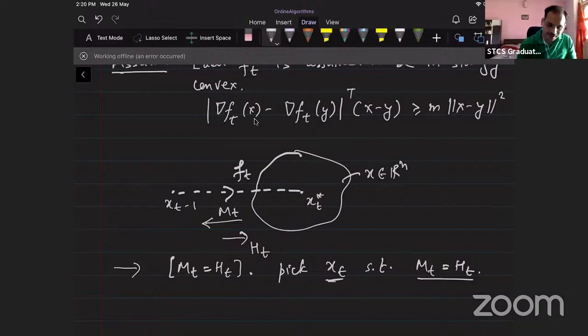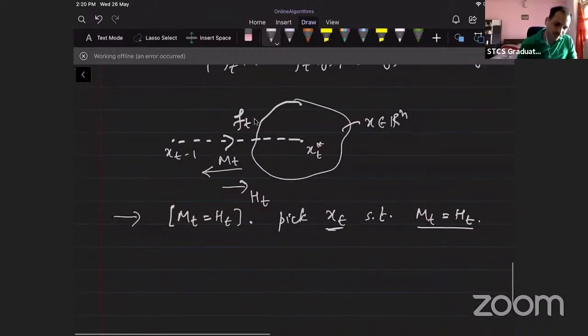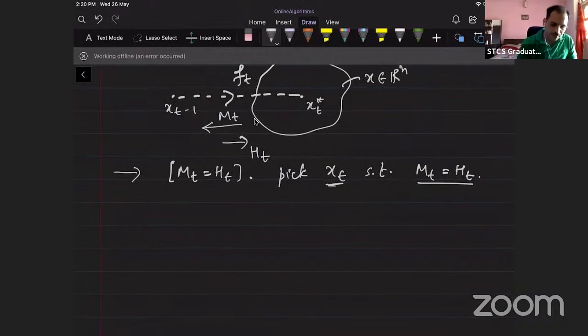I don't know how nicely one can analyze this when ft is convex, so we'll try to extract some convexity properties of ft and do something very similar. Ballpark, this is what we want to do. We're not going to do exactly this, but a variation of it. So what the algorithm Pranchu suggested is essentially equalizing the movement cost and the hitting cost.